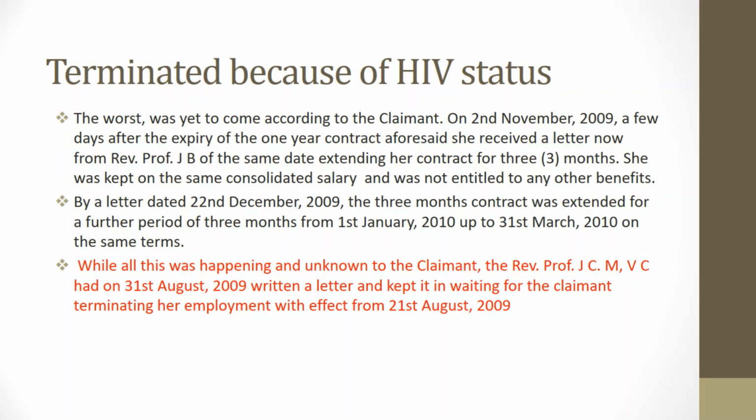Her one-year contract had come to an end at some point. It was renewed for 3 months and another 3 months. But because of the HIV status, while all this was happening and unknown to her, Reverend Professor Jesse had on 31st of August written a letter and kept it in waiting for the claimant, terminating her employment with effect from 21st of August 2009.